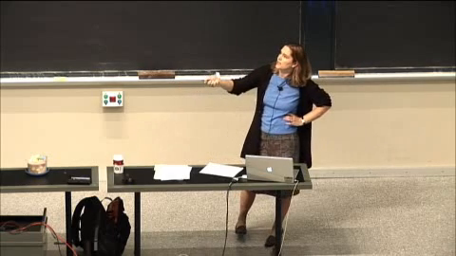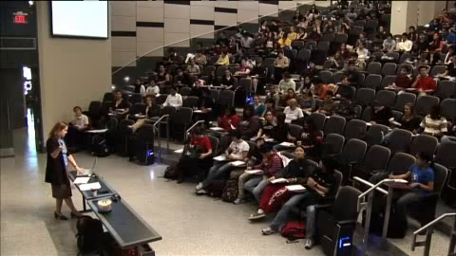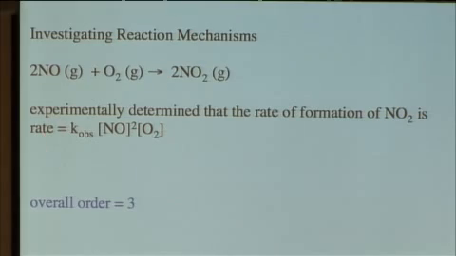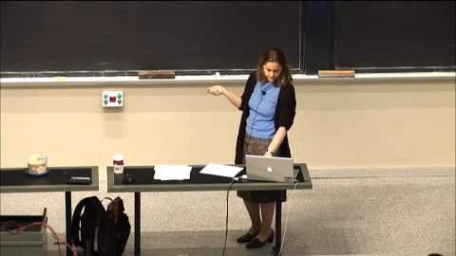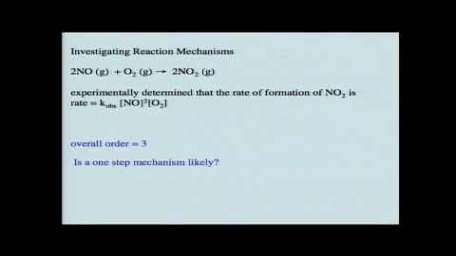And we know that the order of the reaction here, overall, what is the overall order of this particular rate law? 3. So we have second order in NO and first order in O2. So if it's overall order of 3, is it likely to occur in one step?